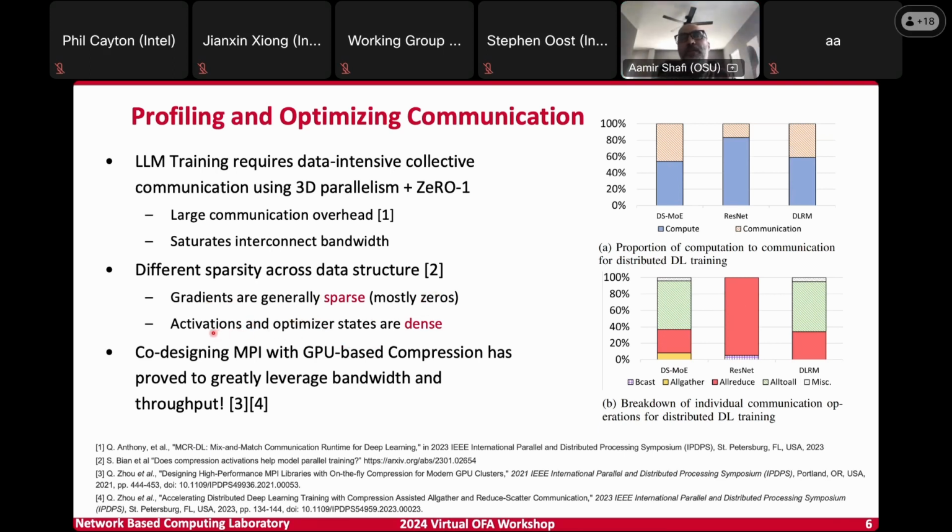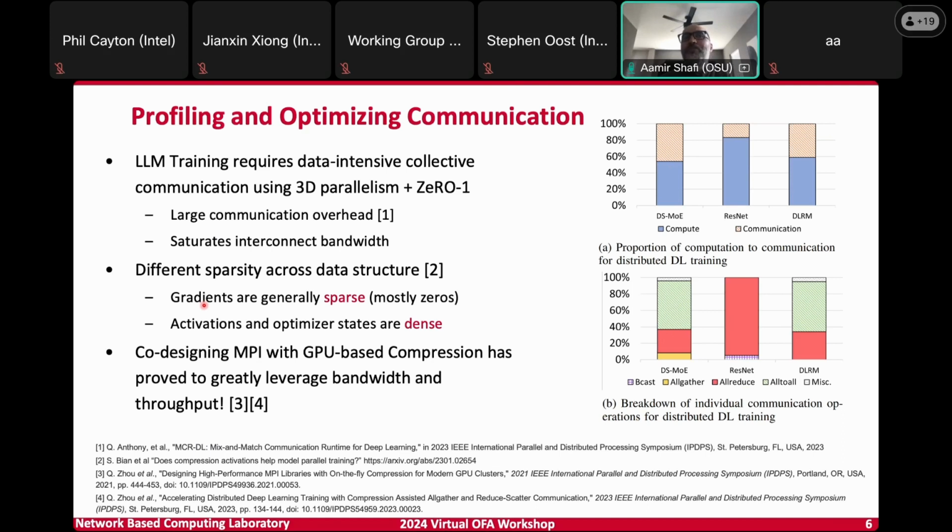The fundamental observation here is that the gradients are generally very sparse and they are mostly zeros. So we have more room to play with them. However, activations and optimizer states are more dense, and hence we have to be careful. If we are using compression for compressing these different data structures, we have to be more careful with activations and optimizer states versus gradients.